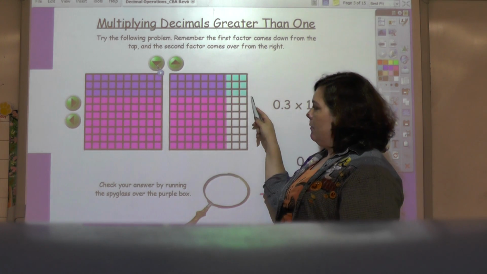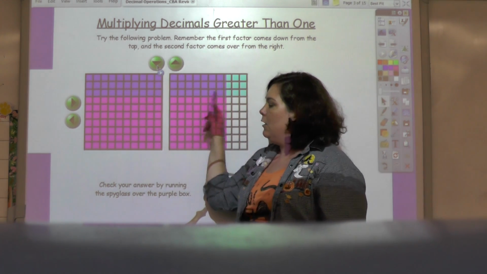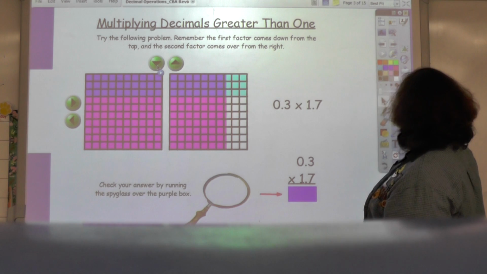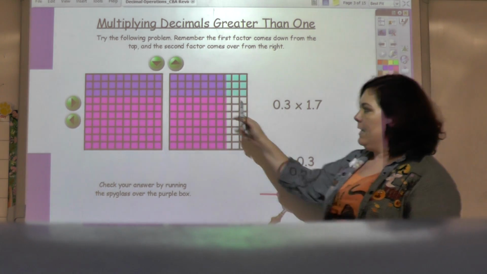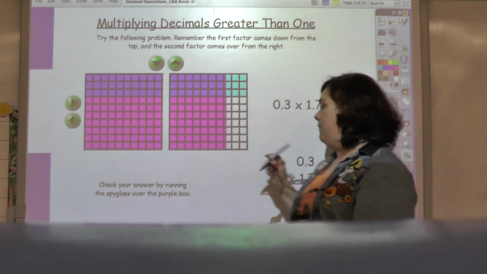See, the 3/10 is coming all the way across, but your double shaded would be your answer. So that would look like 51 hundredths, and if I counted these, it would be 51 hundredths.